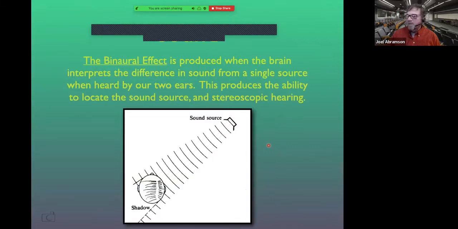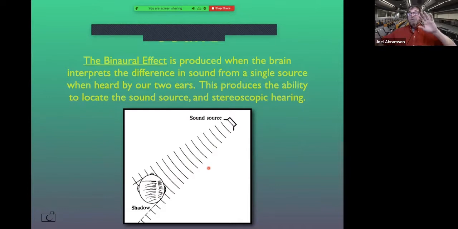We have this effect called the binaural effect, just like we have 3D vision. Well, we have 3D hearing too, because the sound comes into your ears, and the sound wave here hits this ear before it hits this ear. And your brain can put together that information and go, well, the sound must be coming from over here. All right.